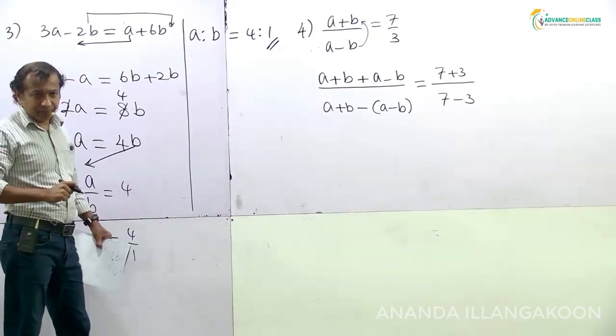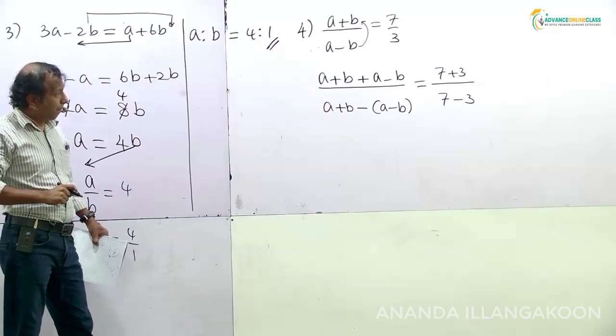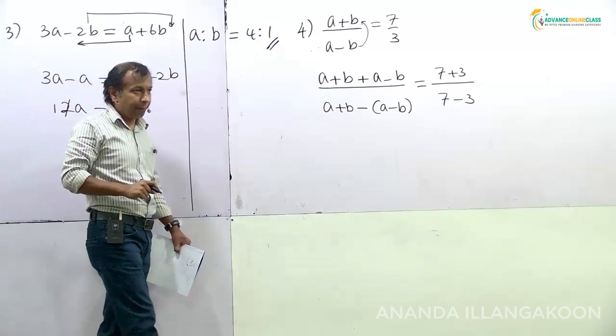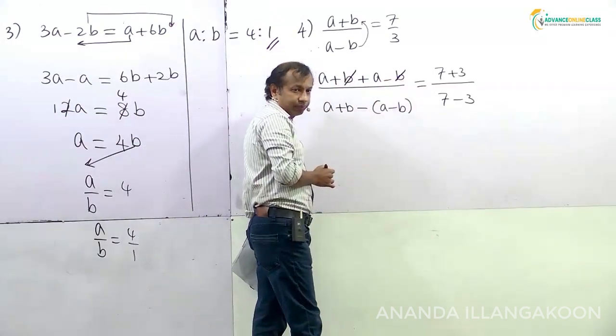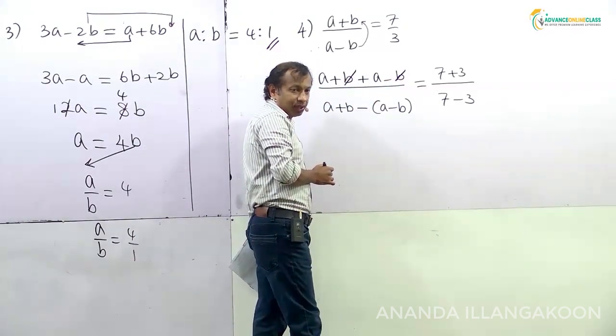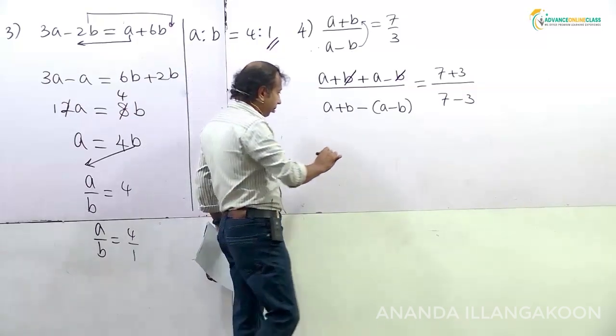Now simplify this. Here we have B minus B, you can cancel. A plus A is 2A.